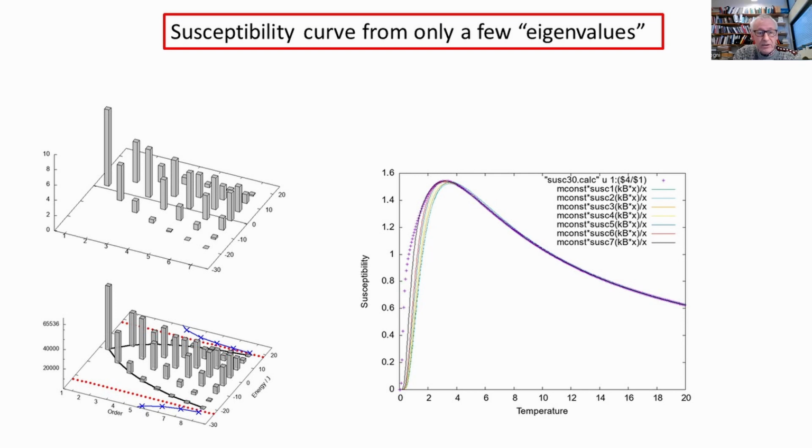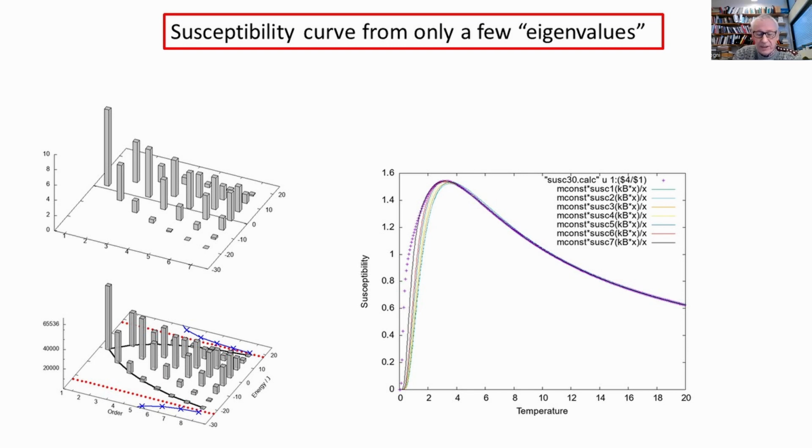So yes, it is really possible to change the 65,000 energy levels to 8 energy levels with associated degeneracies to reproduce this relatively featureless curve.